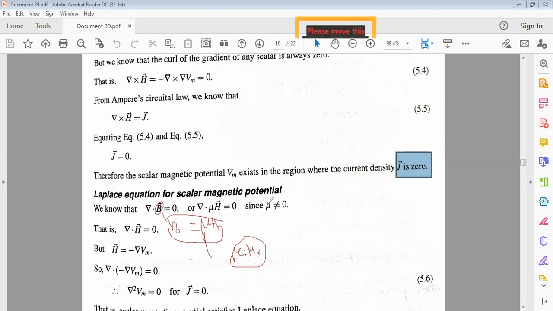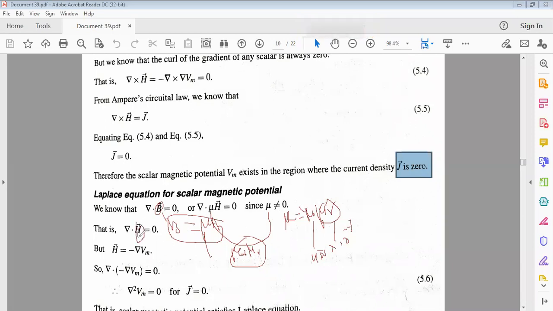Since this mu never equal to 0, why? Because it depends upon the type of the material. So mu equal to mu naught into mu r. This mu r depends upon the type of the material, and mu naught equal to 4 pi into 10 power minus 7, right? So it never equal to 0. So del dot H equal to 0.